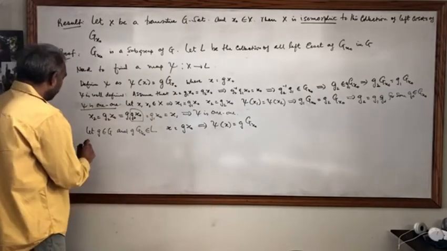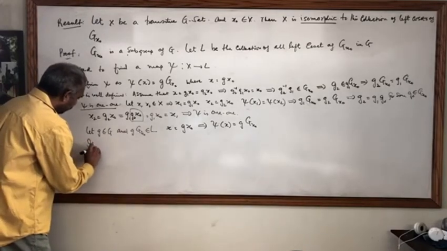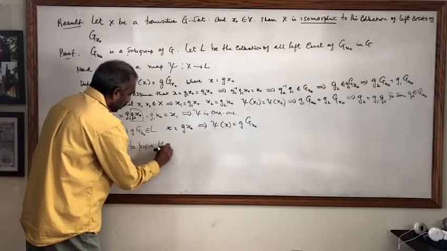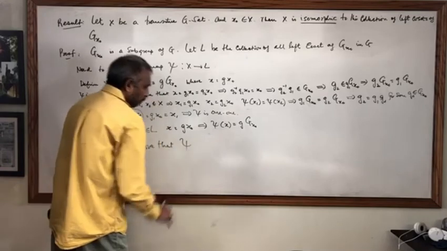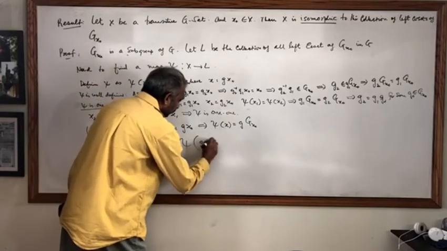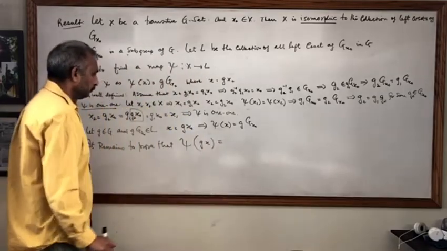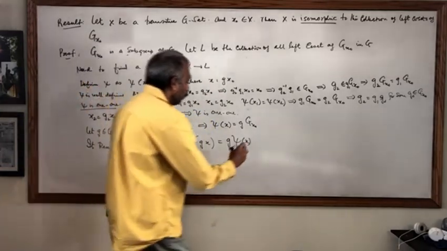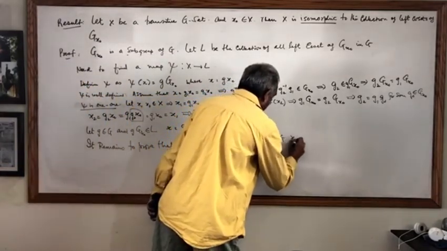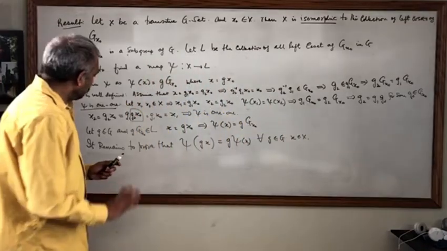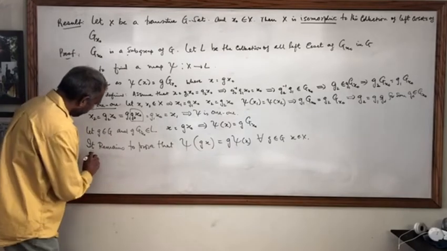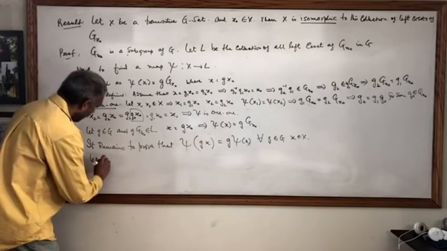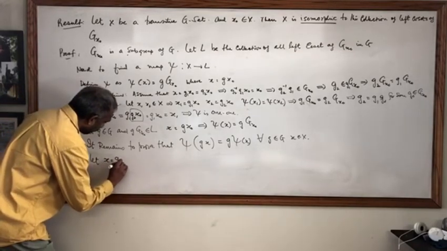But it remains to prove that psi of gx is equal to g psi of x for all g in G and x in X. For this, we'll assume that x equal to g1x0.